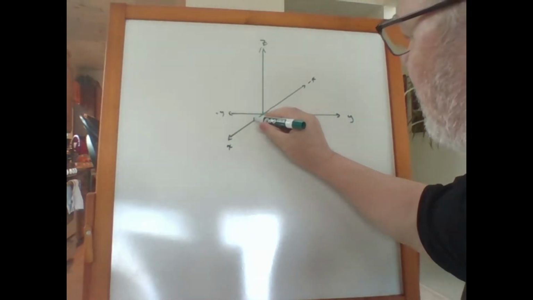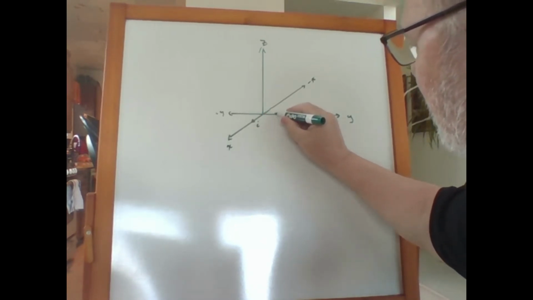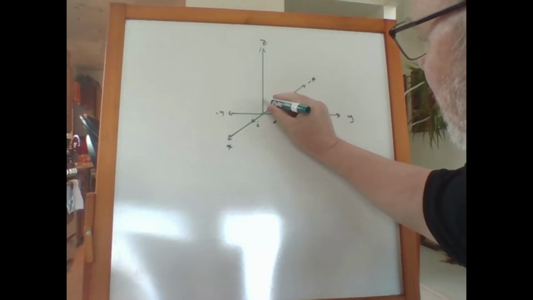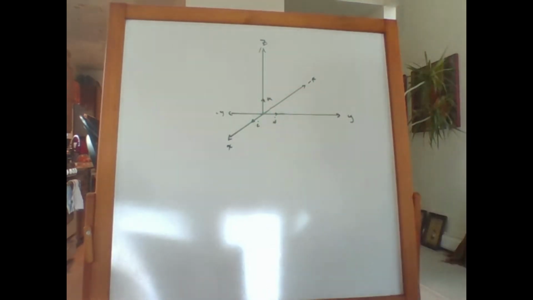And we have little unit vectors i, j, k. The magnitude of the unit vector again is 1.